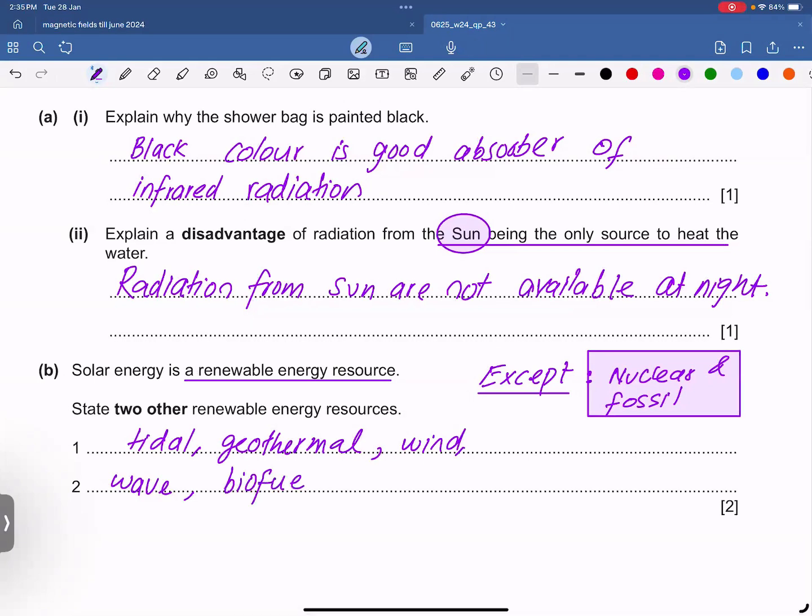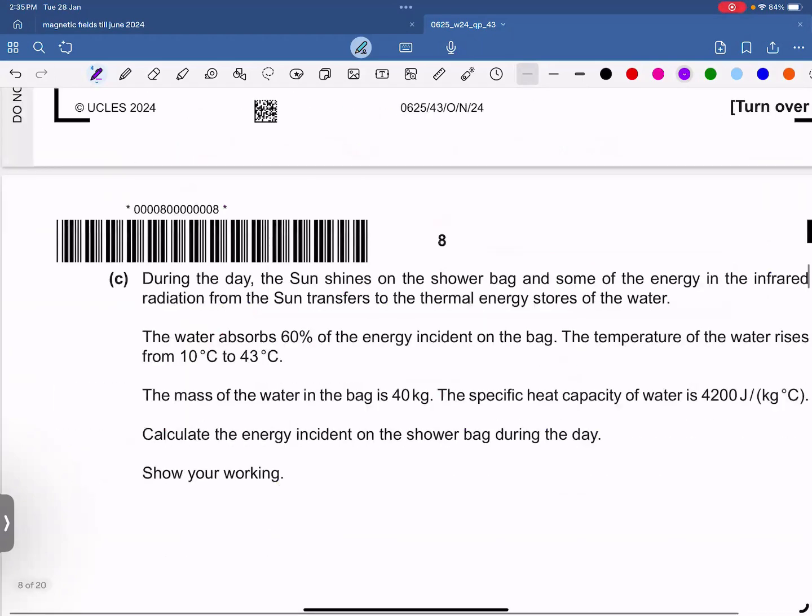Biofuel is burning the crops, okay? Biofuel, even hydroelectric. Everything could be written other than nuclear or fossil fuels. I hope it is useful for you. Is that useful? Then you have to comment. I'll wait. Promise? Let's go ahead.